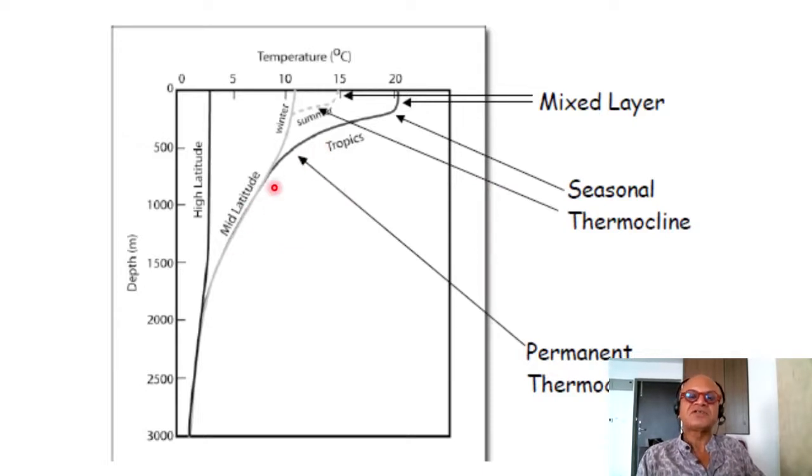Okay, so vertical structure of the ocean is very critical for determining how much heat is being stored in the upper layer, because that's what affects the atmosphere on a day-to-day time scale.